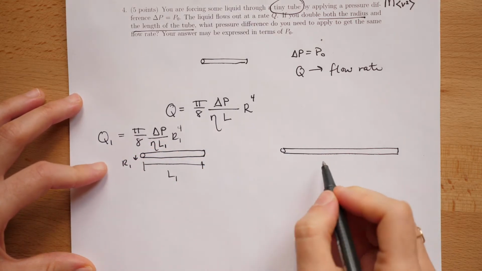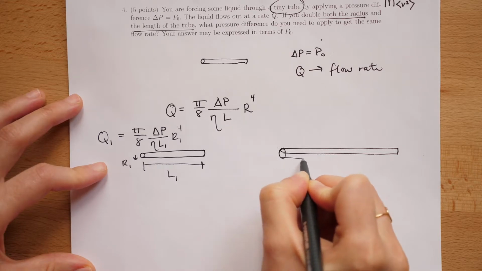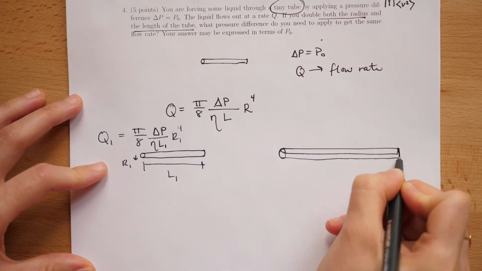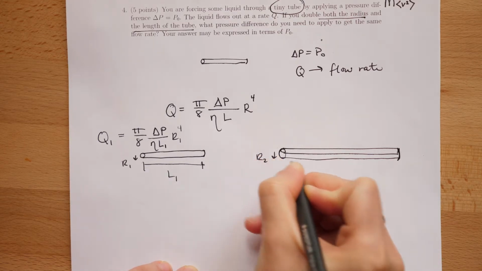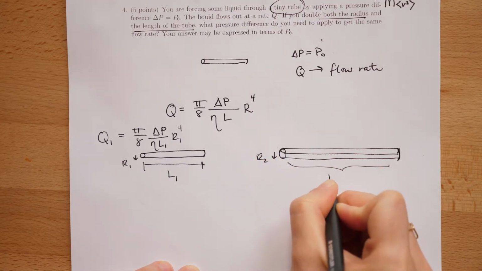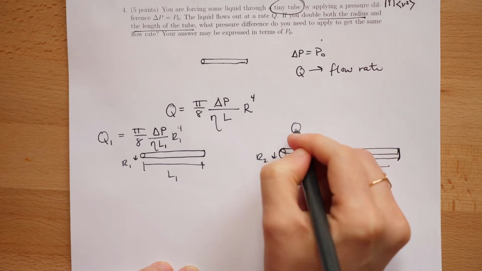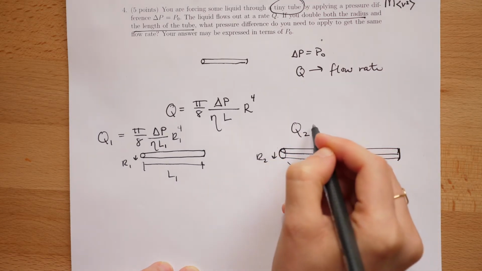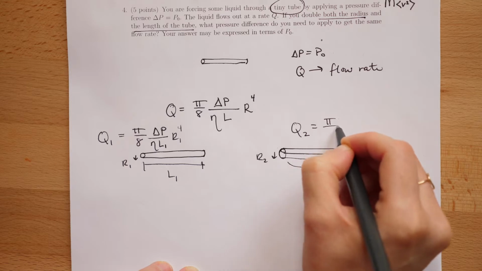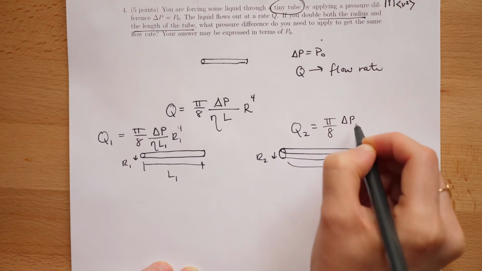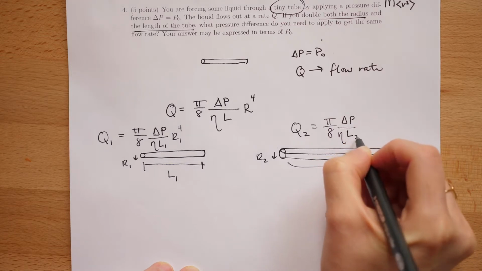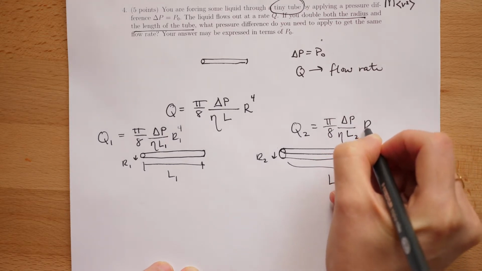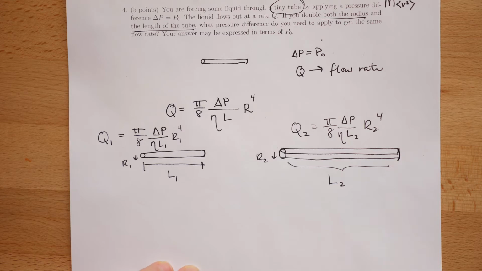So our second tube, I should have drawn it a little bit bigger since its radius is bigger. It has a radius R2 and a length L2. So the flow rate here is going to be Q2, pi/8, same pressure difference, viscosity, but the L has changed and the R has changed.